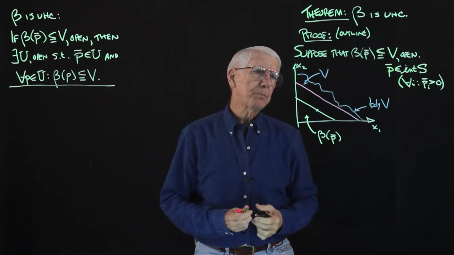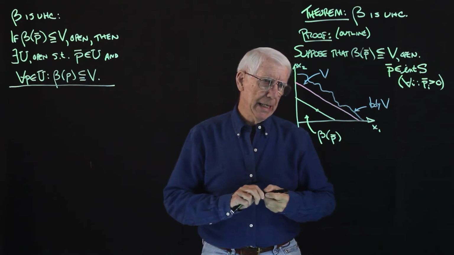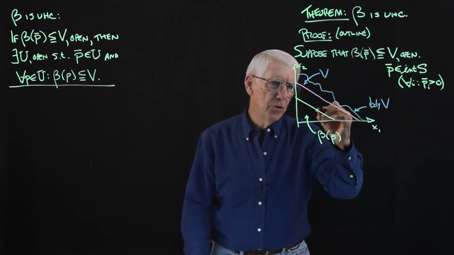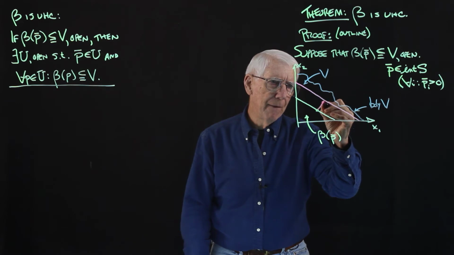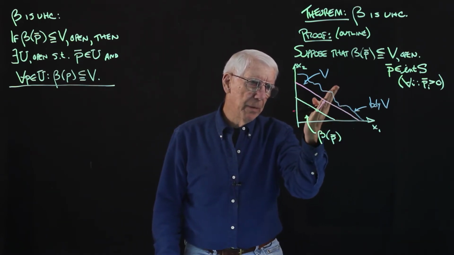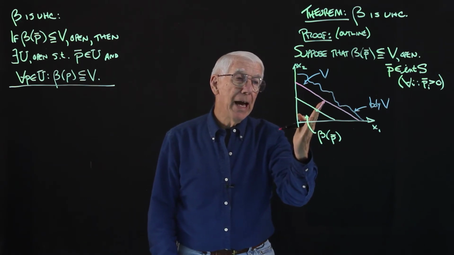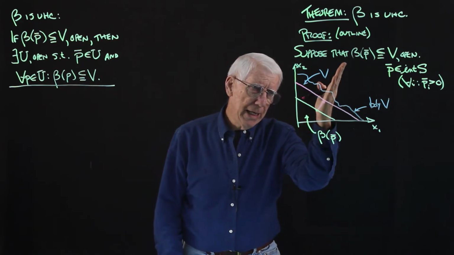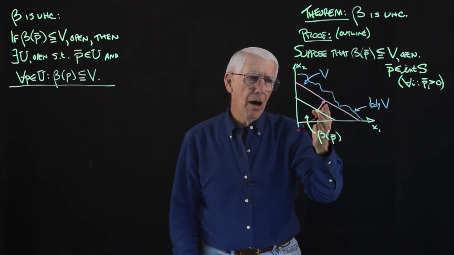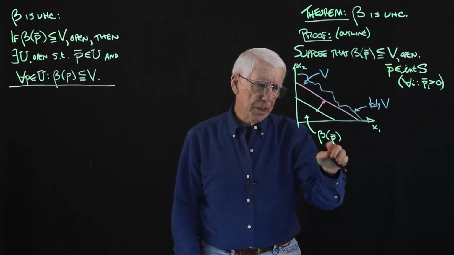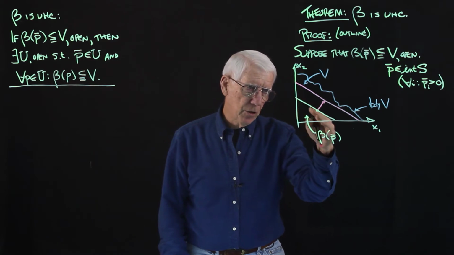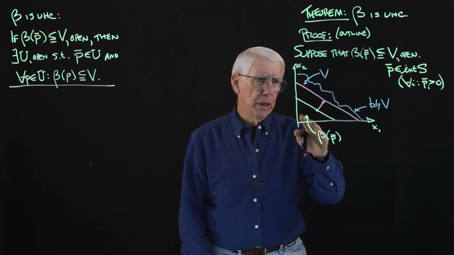And so this pink line is parallel to the budget constraint, and that means that we could draw a line orthogonal or perpendicular to the budget constraint, which means that this little line segment coming out here is simply a multiple of the price list P bar, because the price list P bar is a vector that's orthogonal to the budget constraint.